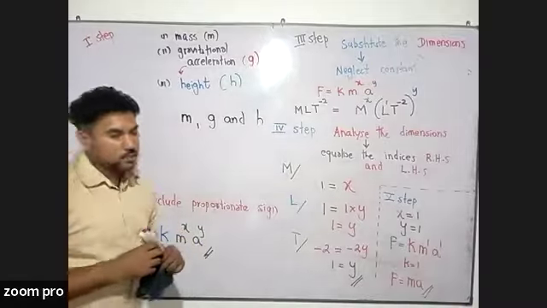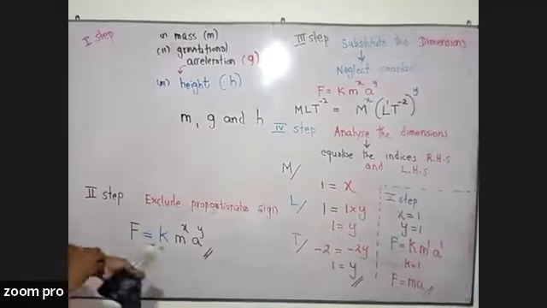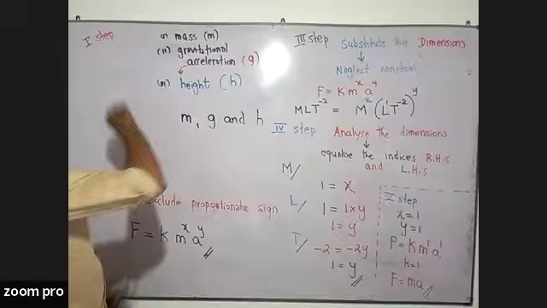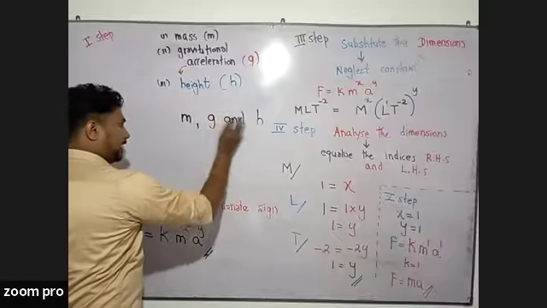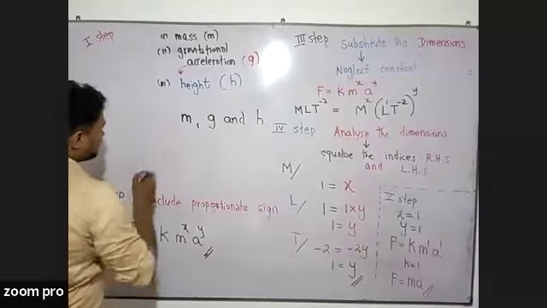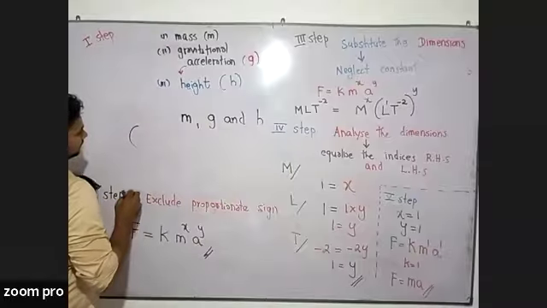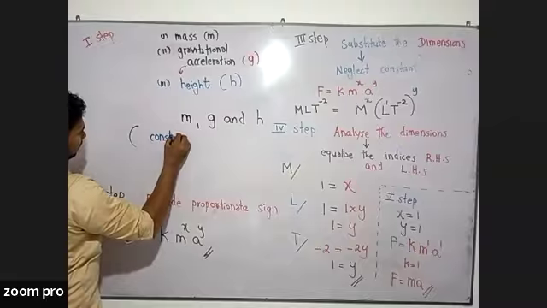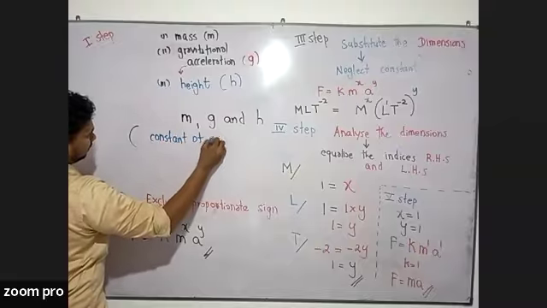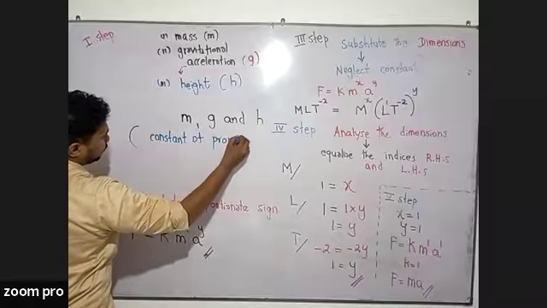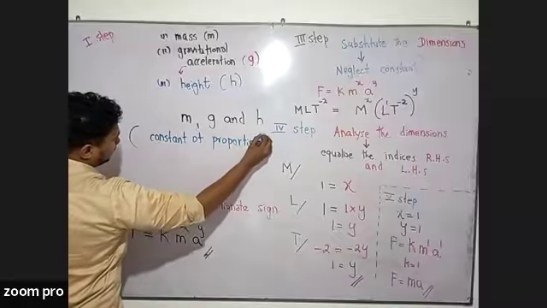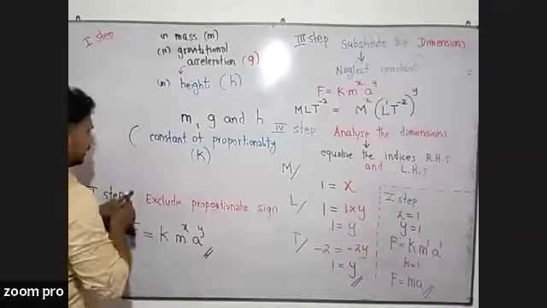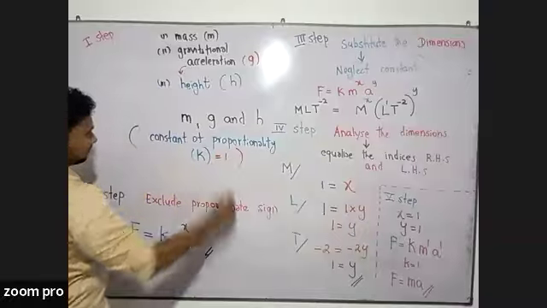You have to obtain an equation for potential energy in terms of m, g, and h. Within bracket, the constant of proportionality, that is k equal to 1.